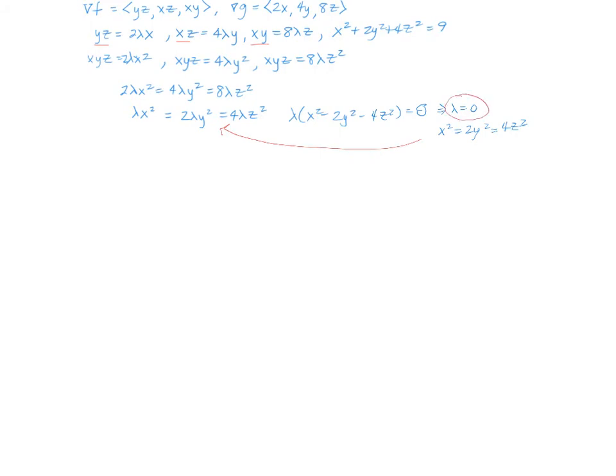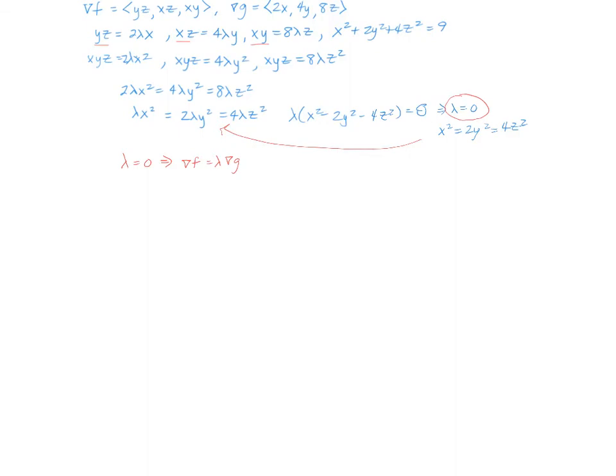So I'm actually not dividing out by lambda, I'm not getting rid of my lambda, I still have to check to see what happens when lambda is equal to 0. So I'll do that first. What if lambda is equal to 0? Well, think about what that means. We're saying that the gradient of f is equal to lambda times the gradient of g.